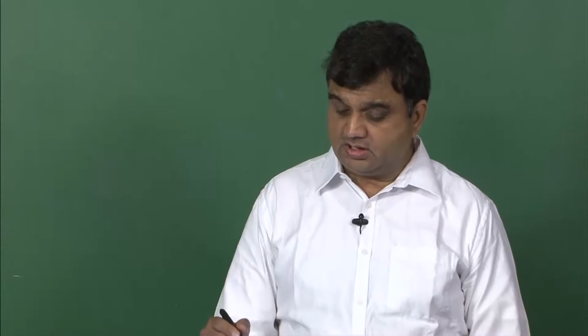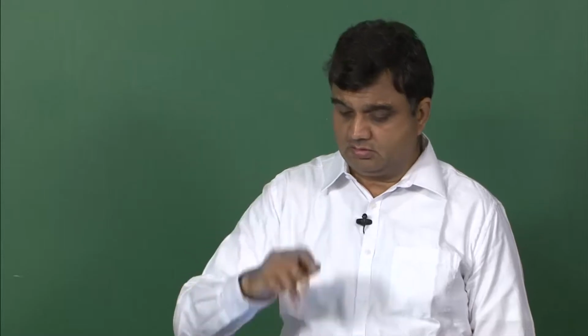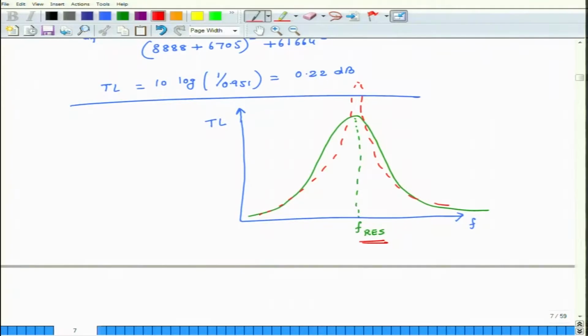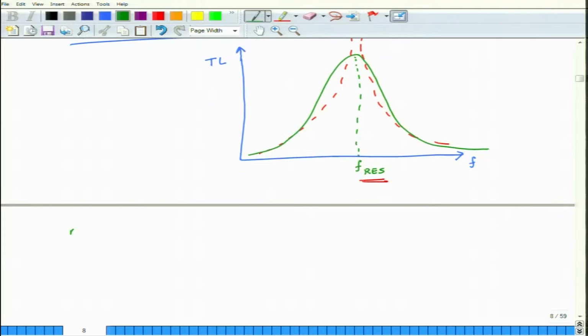So, we want our resonator to have a wider peak. The peak should not be very sharp, it should be a little fat peak. So, this nature is called half power bandwidth, or first we will talk about quality factor. So, there is a parameter called quality factor, okay. And what does it mean?